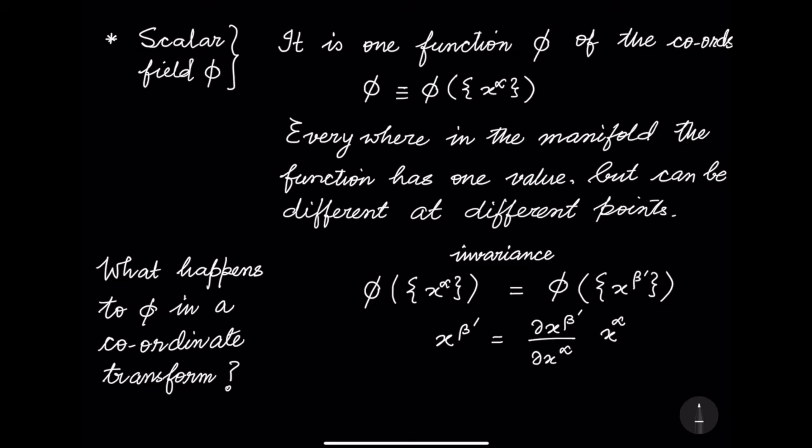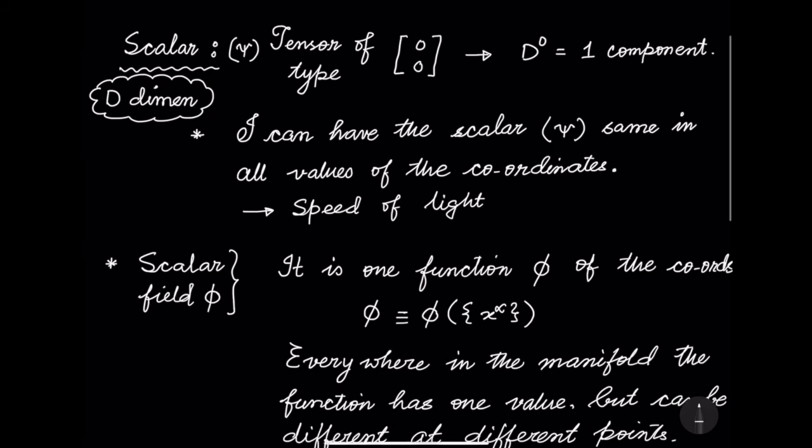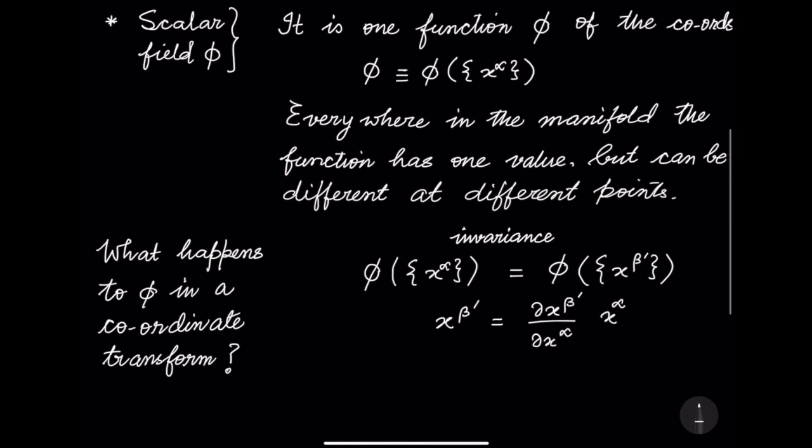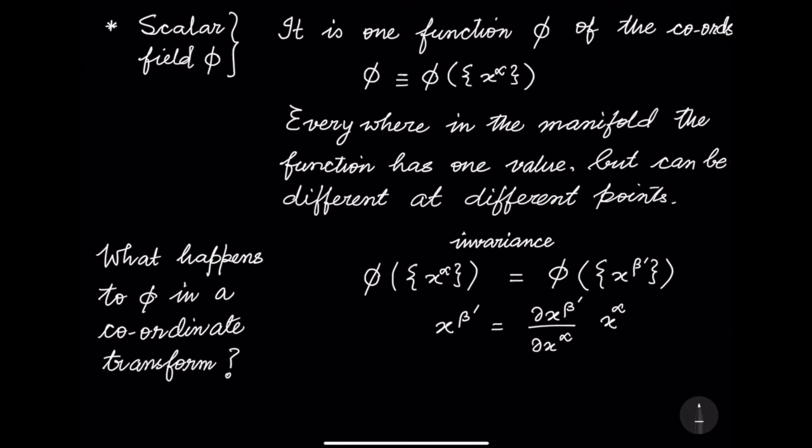And this is what is required for phi to be a tensor of rank 0. Why is it so? Remember that a rank 0 tensor has only one component. Now, we also know that the components of a tensor in one reference frame are given by a linear combination of the components of the same tensor in other reference frames. Because it has only one component, the one way to have the linear combination is making it the same. So that's why it happens.